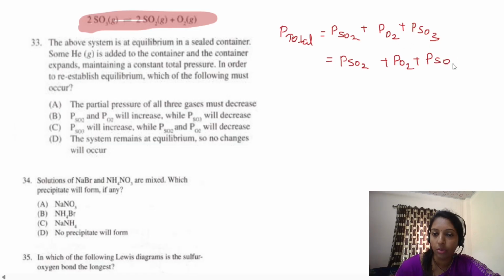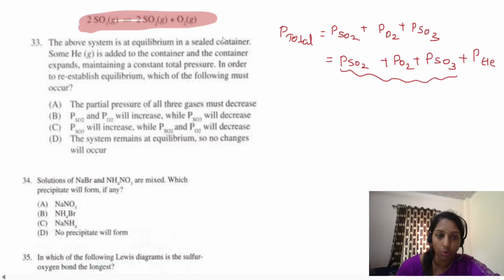Okay, this one is SO3 again, and now the partial pressure of helium is also there, isn't it? But the total pressure is the same, which means these pressures have decreased, isn't it? The pressure decreased. So if you decrease the pressure, the system will try to increase the pressure.